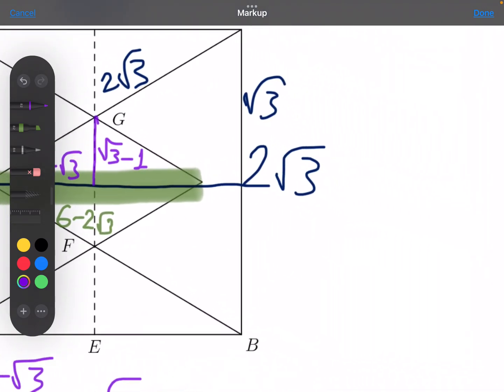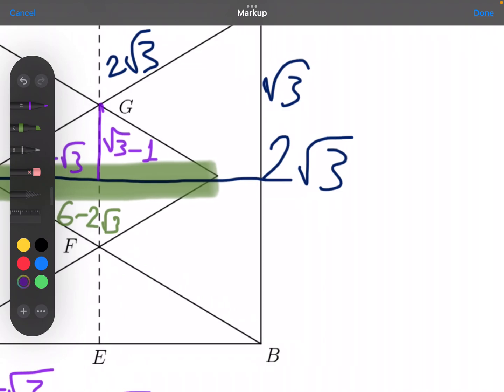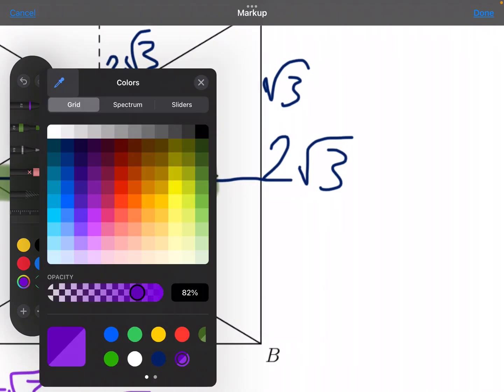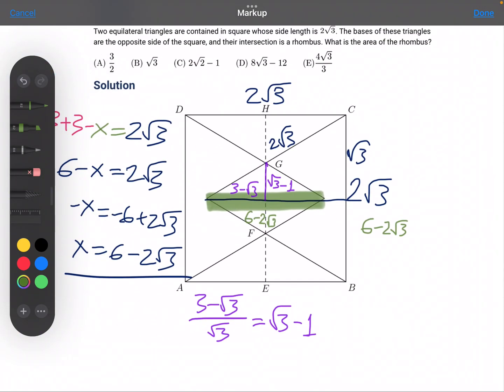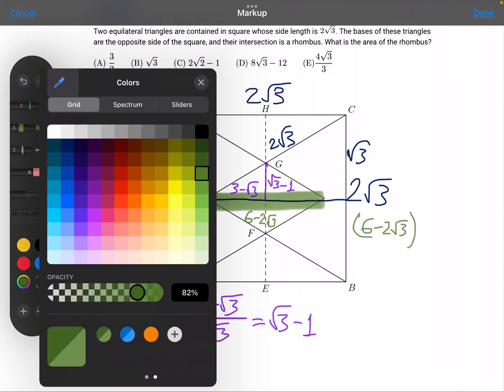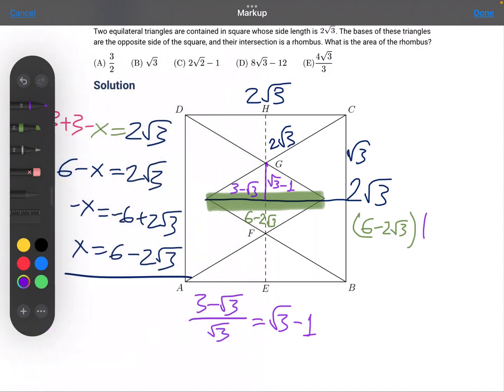Wonderful. Now we multiply these two together. So now we're going to have 6 minus 2 root 3 times square root 3 minus 1.